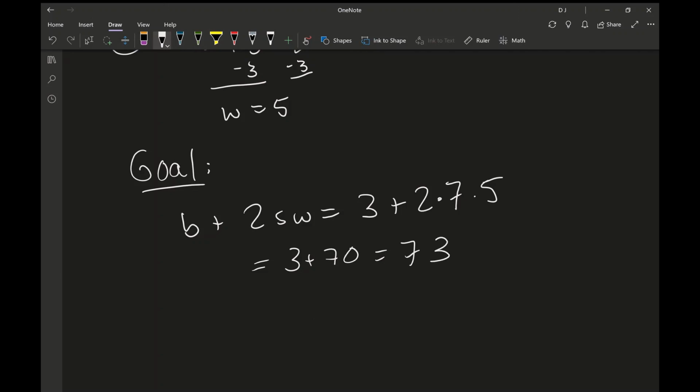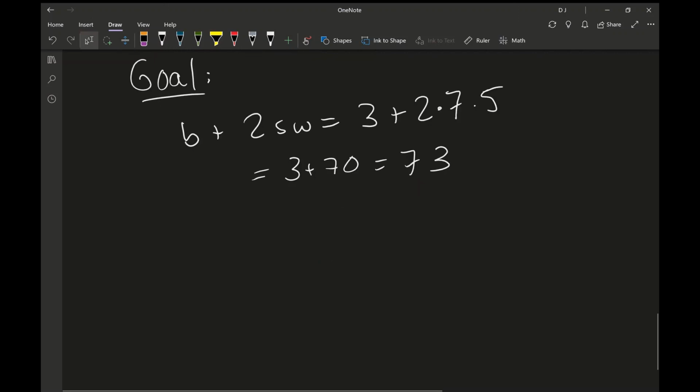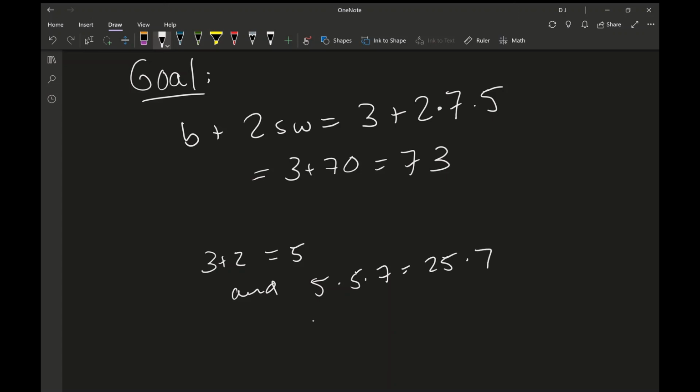Woo woo. It's important to follow the order of operations. This is one of those examples, like if you did 3 plus 2 first, that's going to equal 5. And 5 times 5 times 7 is going to be 25 times 7.